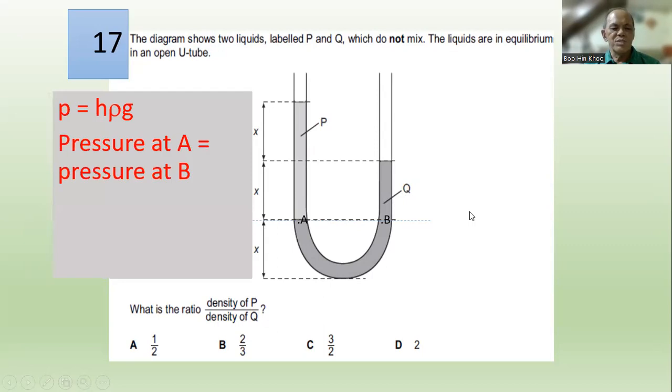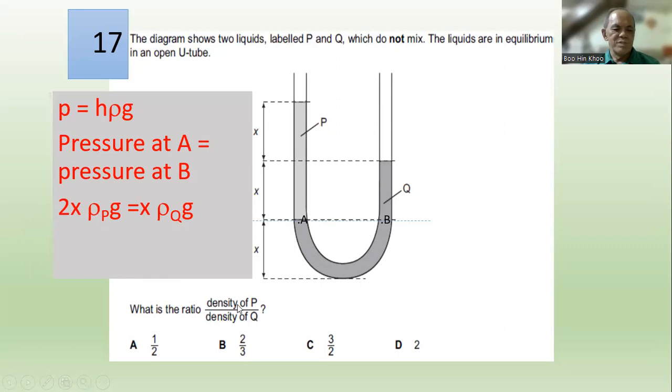We use h rho g. Pressure at A equals pressure at B, because at the same horizontal level the pressure is the same. This is 2x times density rho P times g, equals this height x times density of liquid Q times g. g and g cancel off.